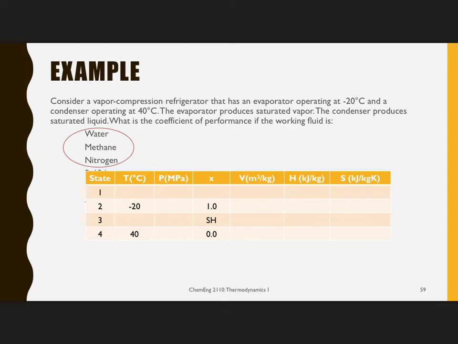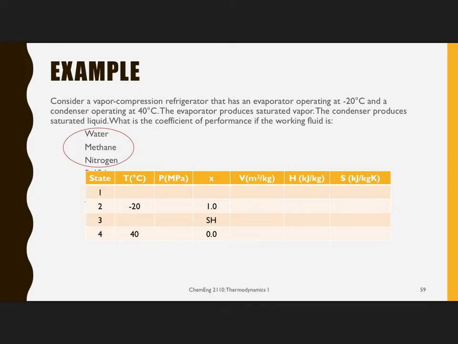Now, I have started with a data table here. So I've given that T2 is negative 20, T4 is 40. The quality at state 2 is 1. The quality at state 4 is 0. And at state 3, it's going to somehow be a superheated vapor. I don't know exactly any more than that. We have all of our usual assumptions.